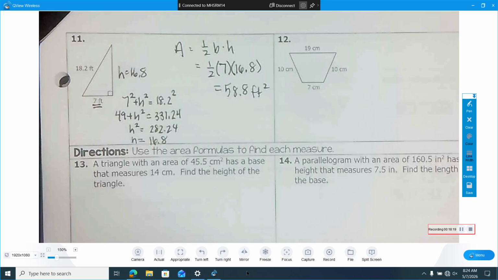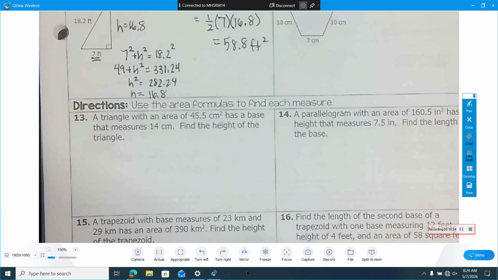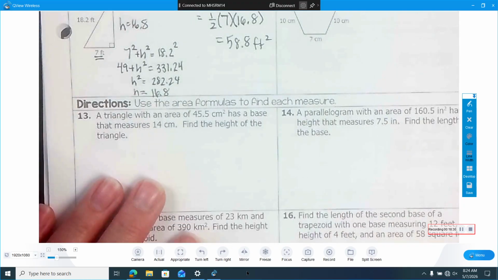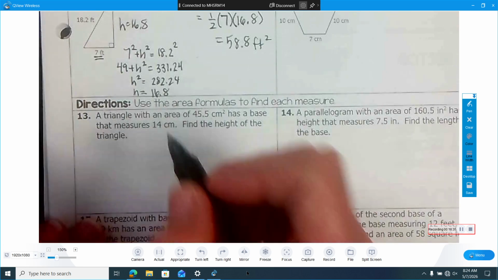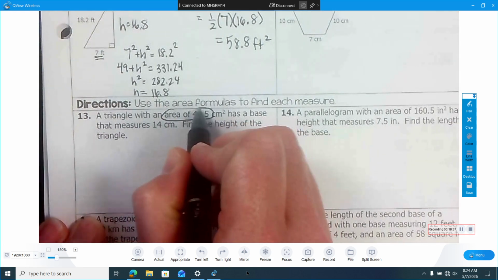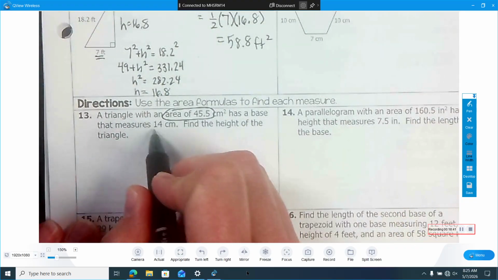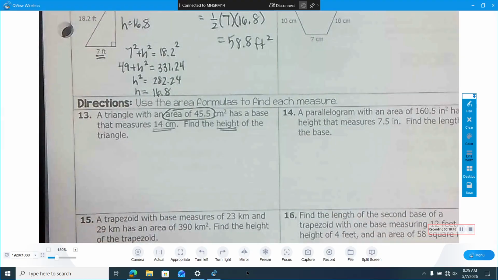Okay, and then I also want to do a couple of these, like number 13. Use the area formulas to find each measure. So we have a triangle with an area of 45.5 centimeters squared, has a base that measures 14 centimeters. Find the height of the triangle. Well, I know we're talking about a triangle, and I know we've got area.